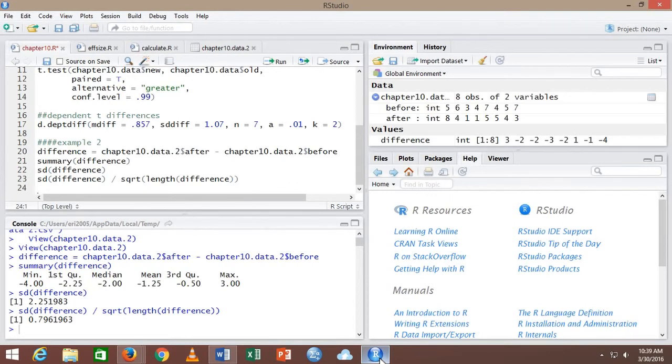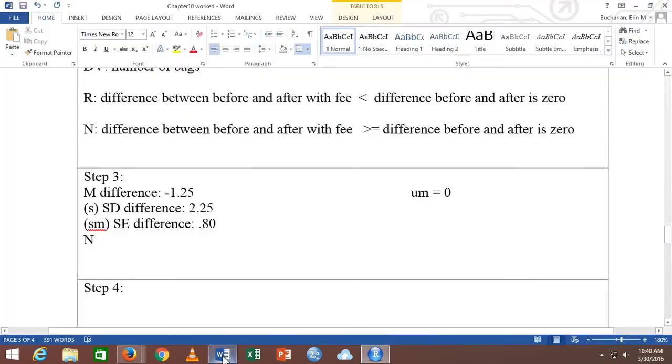Don't let me get too far ahead of you. And then n is 8, because I have 8 different scores, so I can see the 8 here, 1 through 8, or the 8 observations here. So we talked last time about even though we have 16 scores, it's still only 8 people. So 8 here.